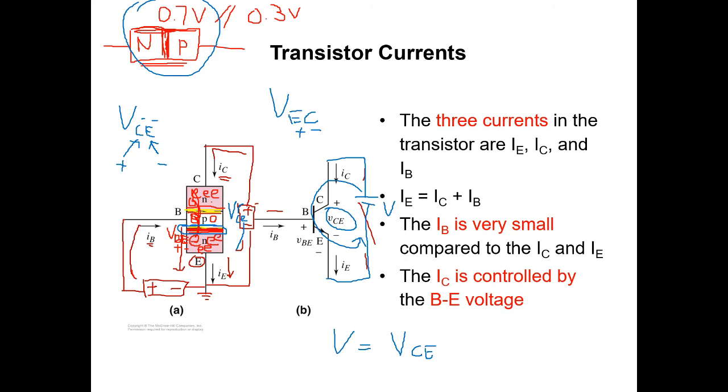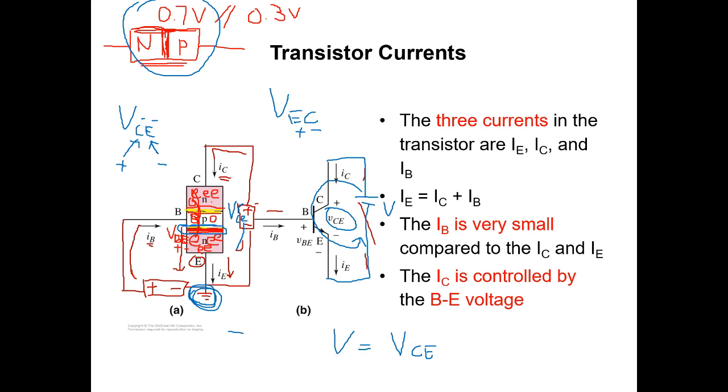Another important current flow in this transistor is that, you can see here this is the ground. The current that flows to the ground is equal to the currents that come in.